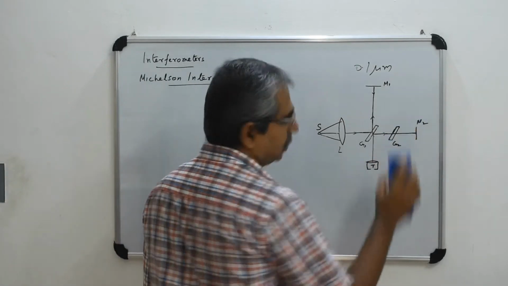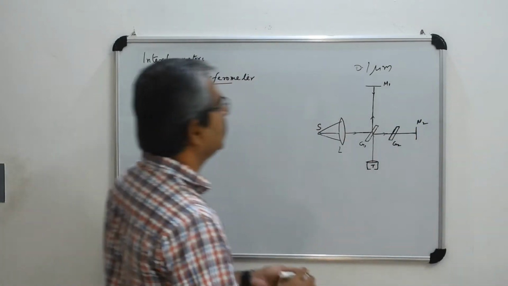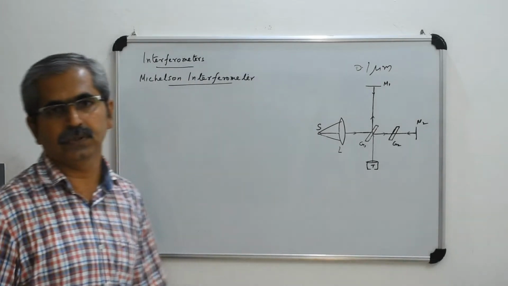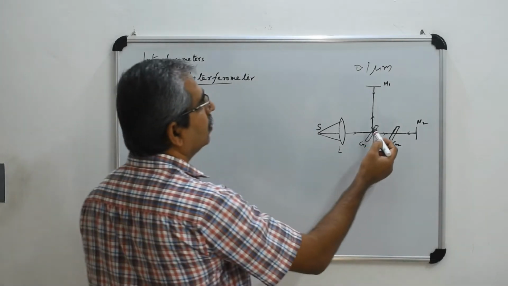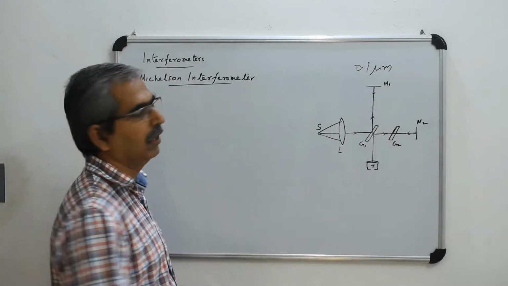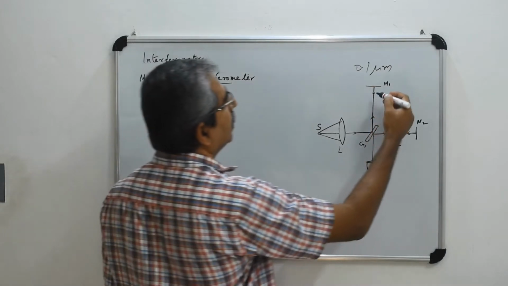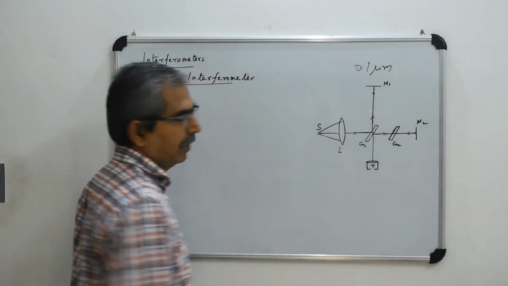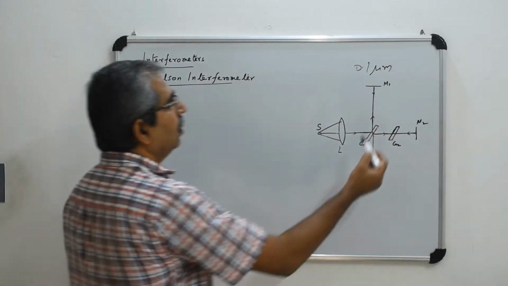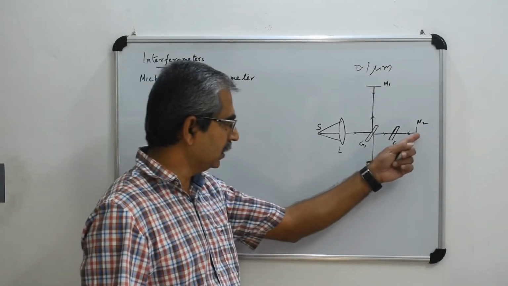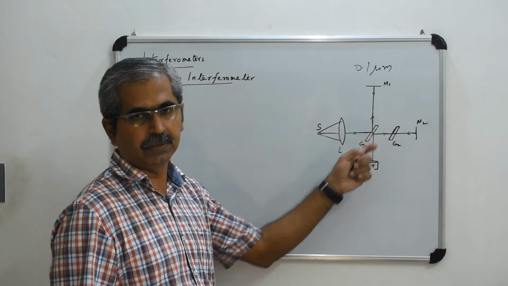Initially assume G2 is not there; we will come to that. The light will go to M2 and be reflected back. The light going to M1, which is exactly perpendicular, will also be reflected back along the same direction.